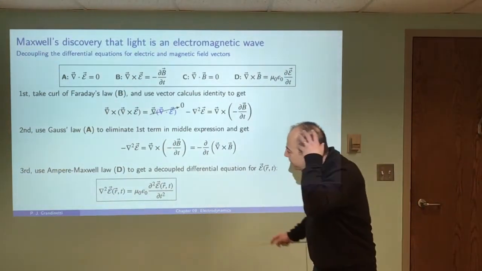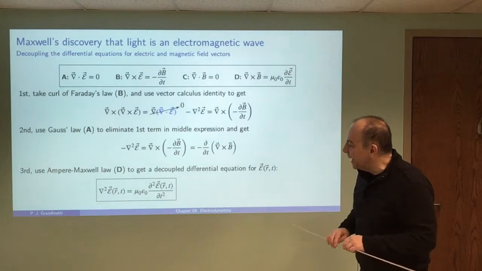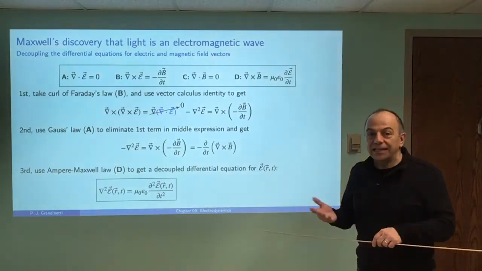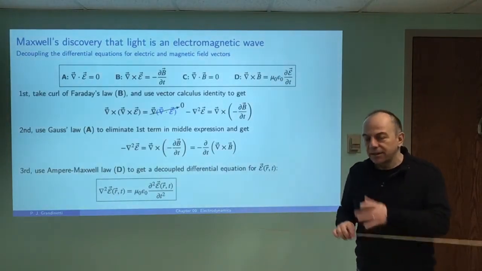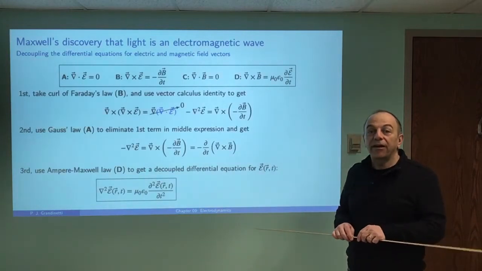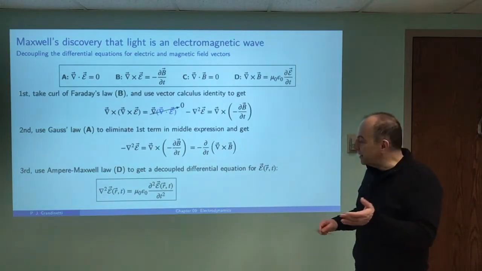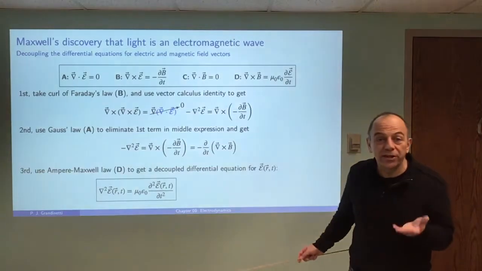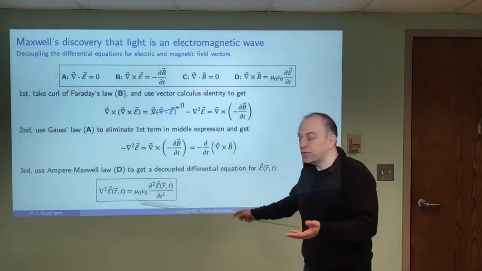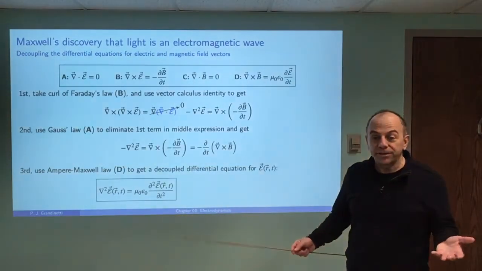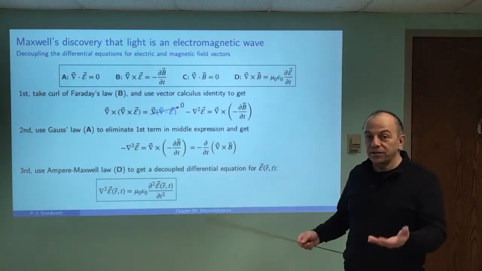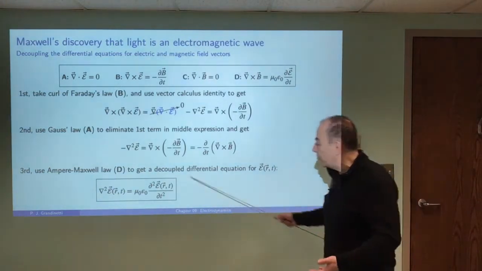If you look at this, you might recognize that the equation looks exactly like the classical wave equation, except here it's working with a vector quantity. But nonetheless, it's still a wave equation, so we know the solutions to this differential equation can be waves. And that, of course, was something that Maxwell realized too when he was looking at that.